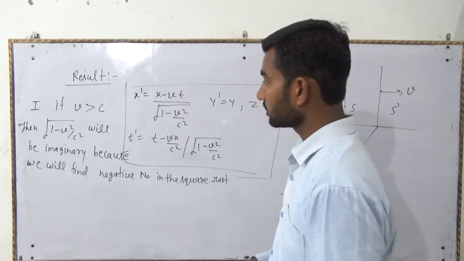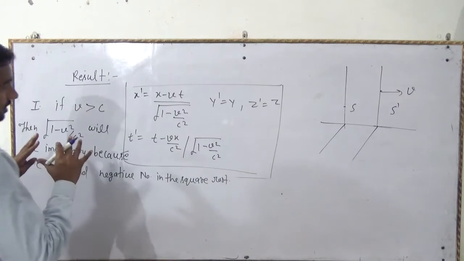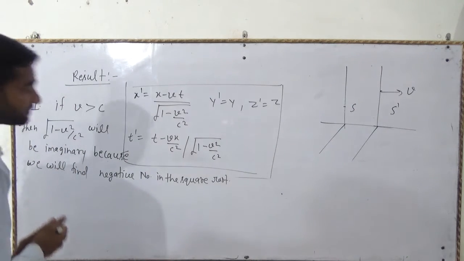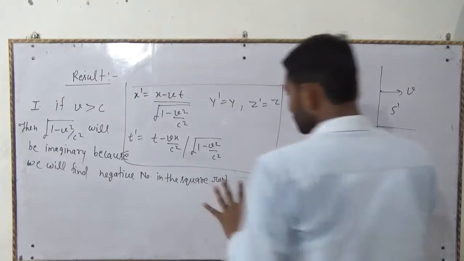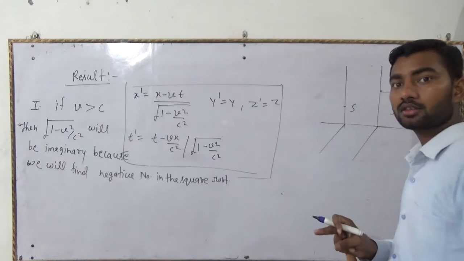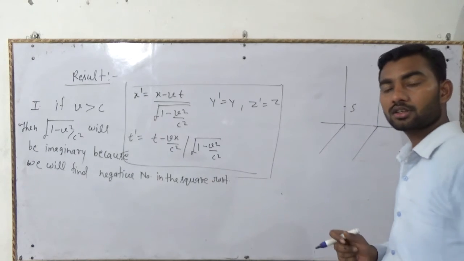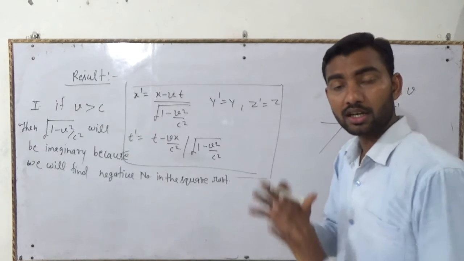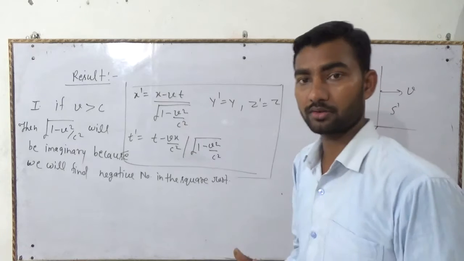So the important result from this condition is that this case is impossible. It is impossible to obtain any object or any frame of reference greater than the speed of light. Any object or frame of reference cannot gain a speed greater than the speed of light.